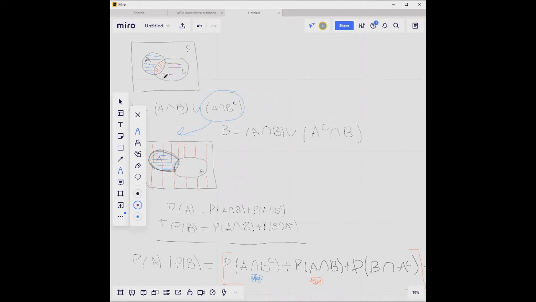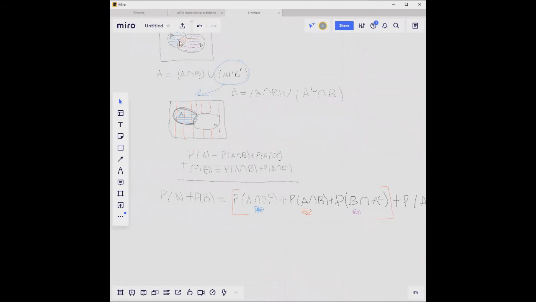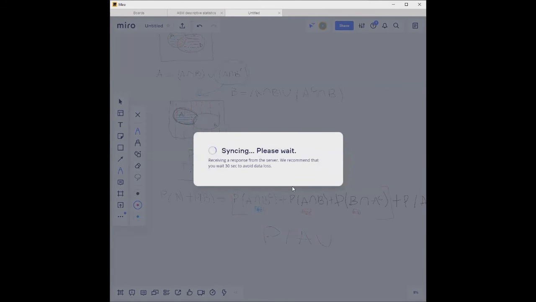This is the area in purple over here. So we can see that all three events are mutually exclusive, and they compose our union of the two events A and B. So this can be defined as the probability of the union of A and B.